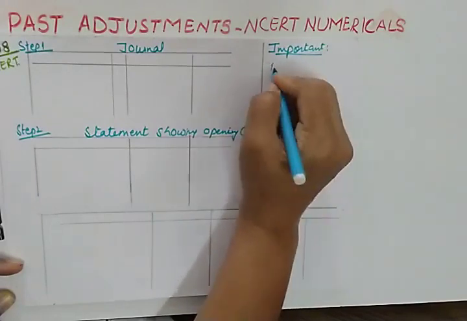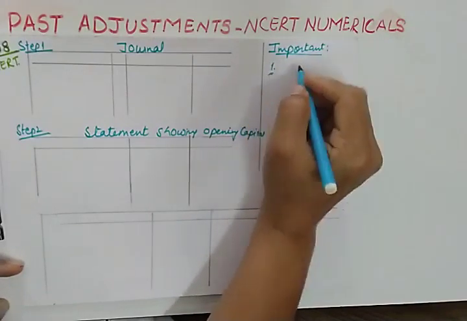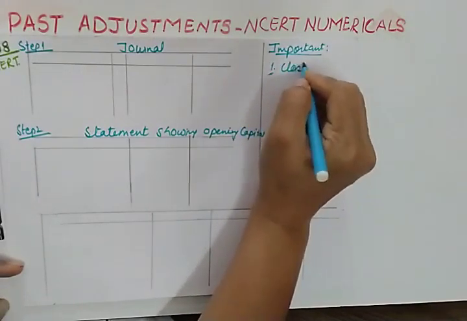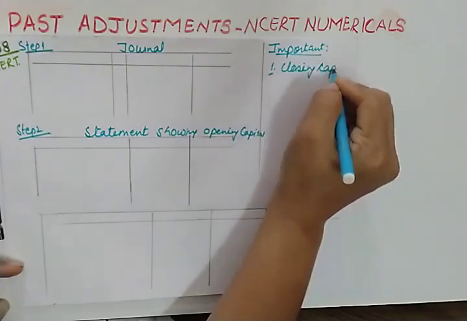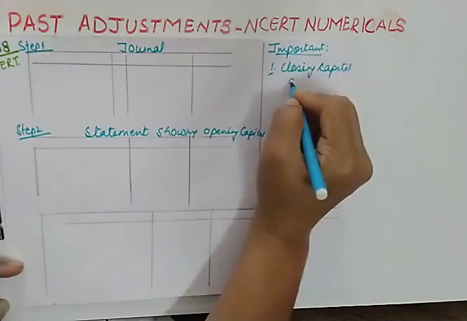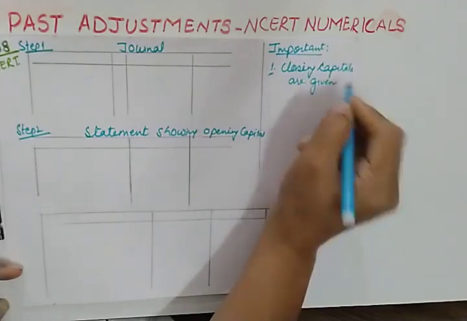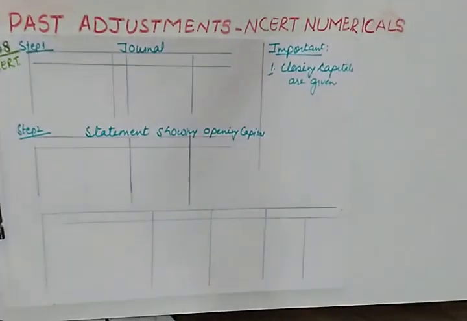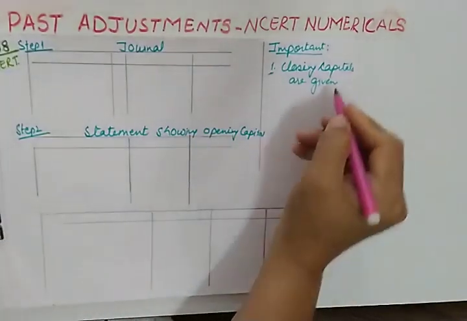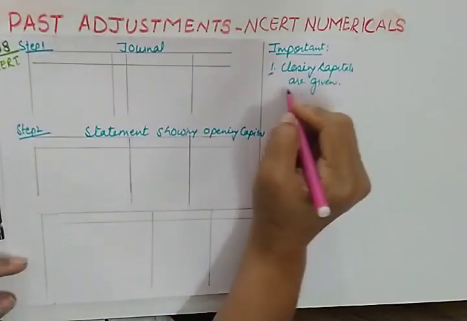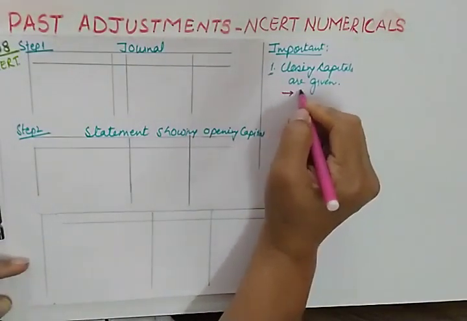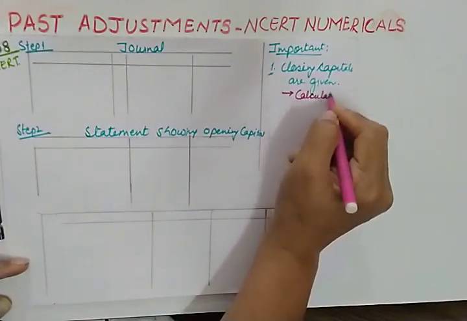Yes. First point is that closing capitals are given to you. So what is to be done when closing capitals are given? In case closing capitals are given, we need to calculate opening capital first.